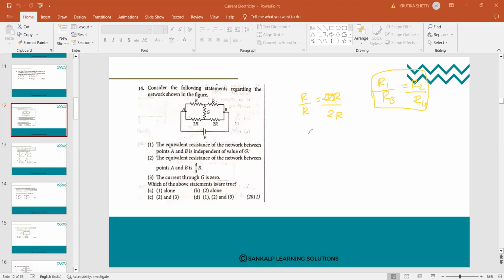When we say this, what do we consider? If you see the derivation of the Wheatstone's balancing condition, the current through the galvanometer must be 0. The current through the galvanometer must be 0.